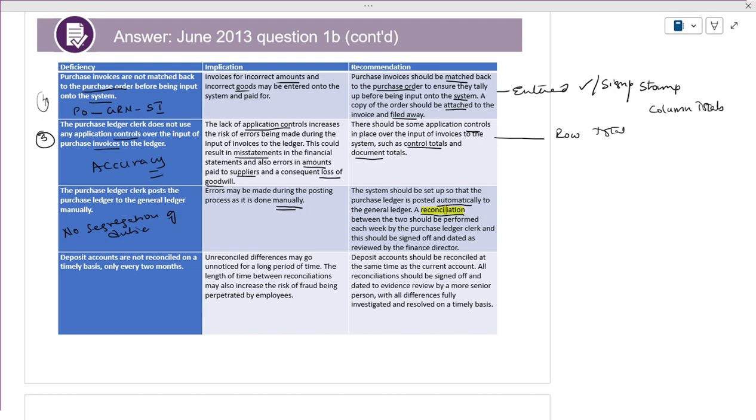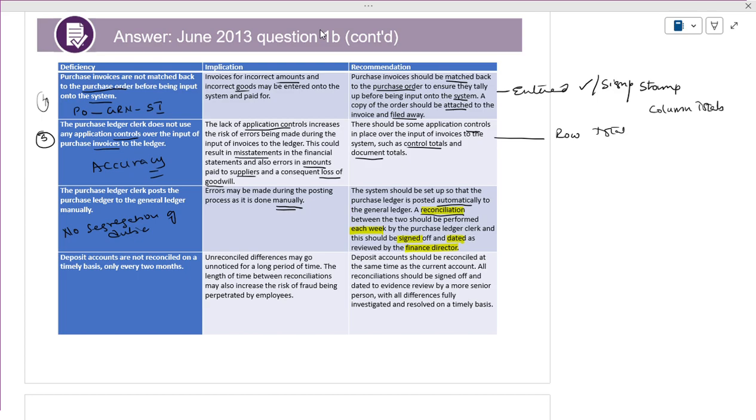See the things, if I go by the things, there will be one sentence or two sentences, not more than two sentences. A reconciliation between the two will be performed each week, and it has to be signed off and dated by the responsible person. Every week you have to reconcile.